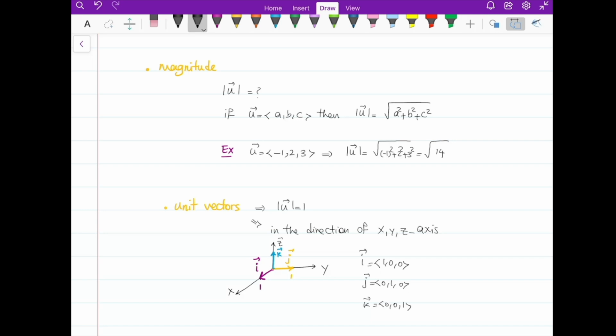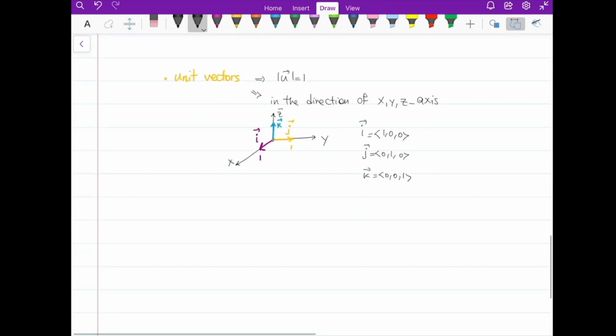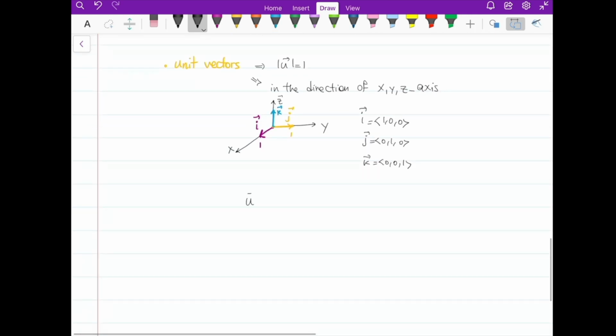Why are they important? Because we can show any vector u with the components a, b, c as a combination of these. How? I'm gonna say a times i plus b times j plus c times k.